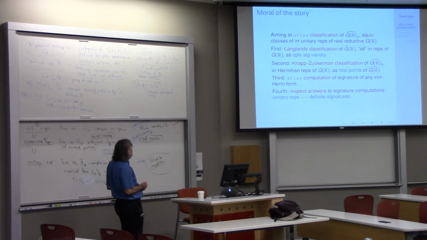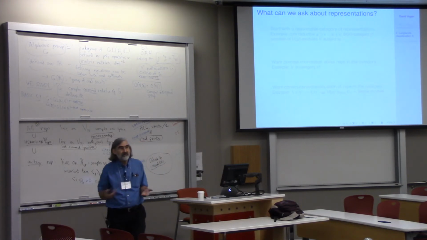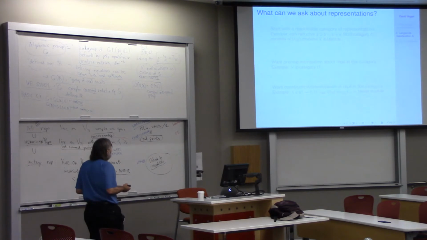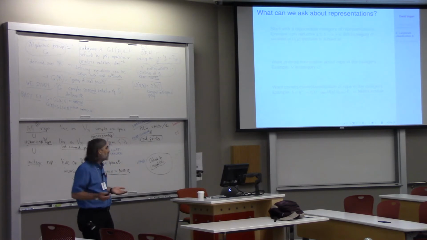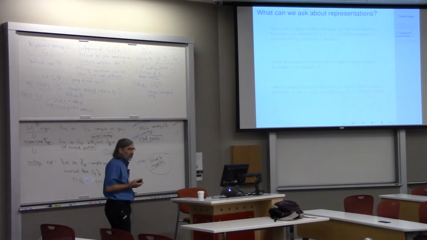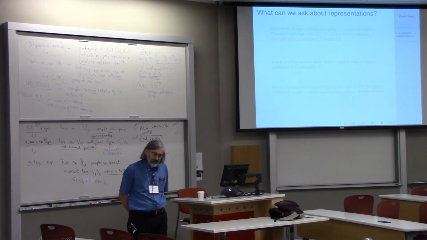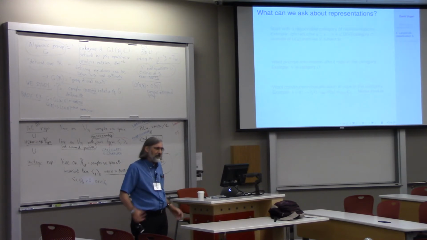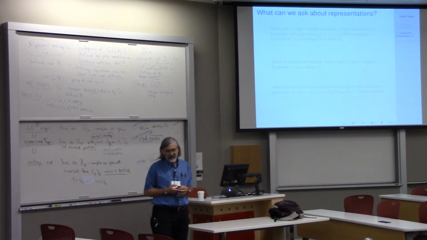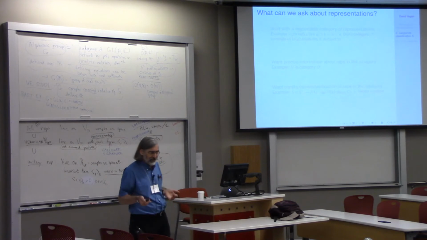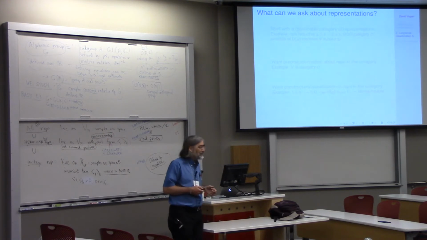So what I'm going to do in the last 10 or 15 minutes is talk about what the Langlands classification looks like. And I want to assume that you may know about highest weight representations, the material which is in Humphreys' book on Lie algebras, or in many other places.